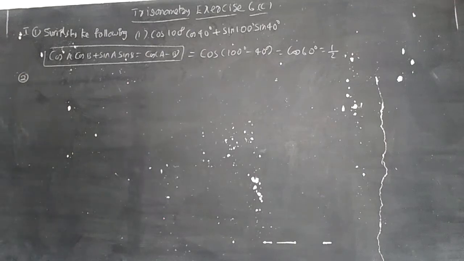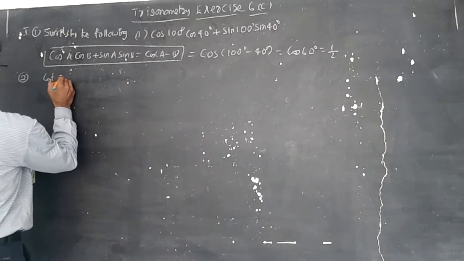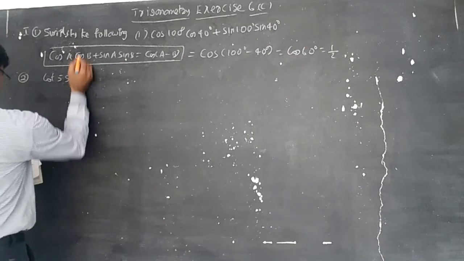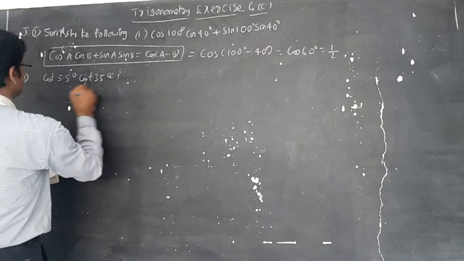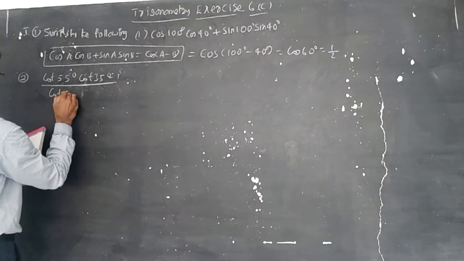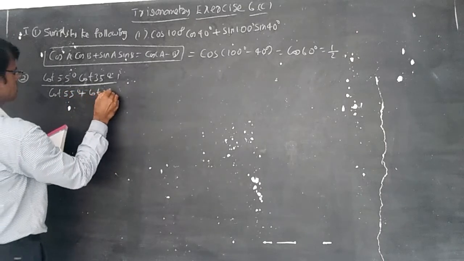Second one, cot 55 degrees into cot 35 minus 1 by cot 55 plus cot 35.